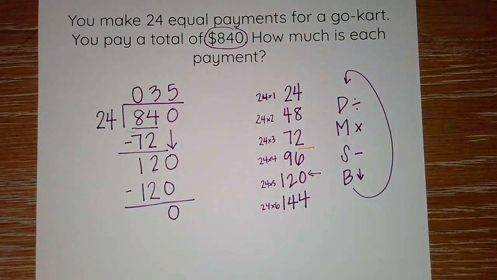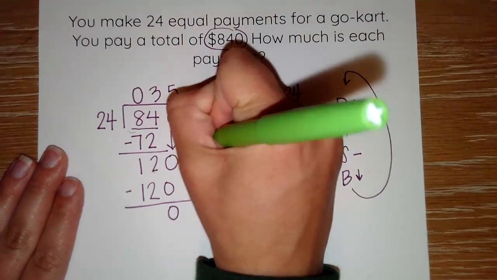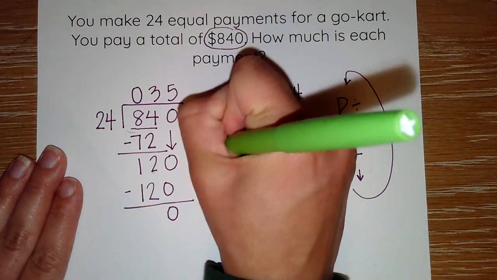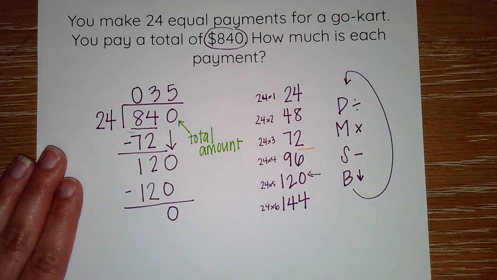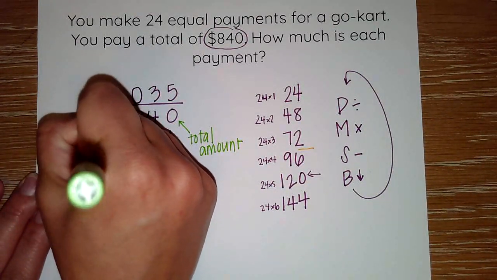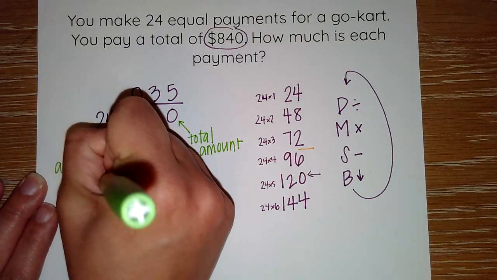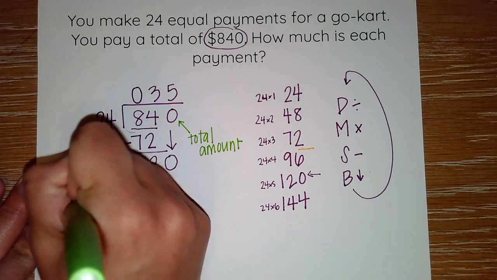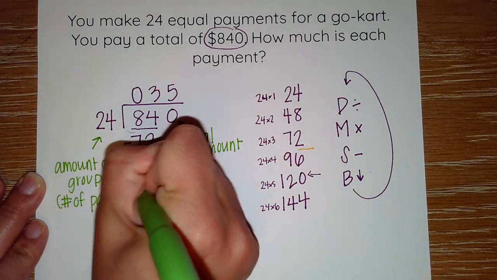Now, let's break down what these numbers mean. We already knew from the beginning that this is the total amount for the go-kart. We knew this is the amount of groups, or the amount of payments in this case. So now we need to check out these new numbers.